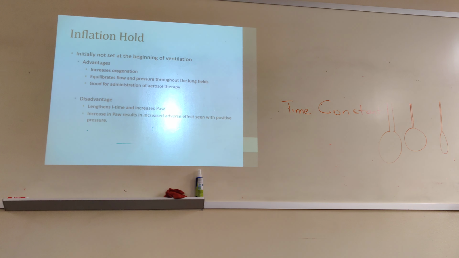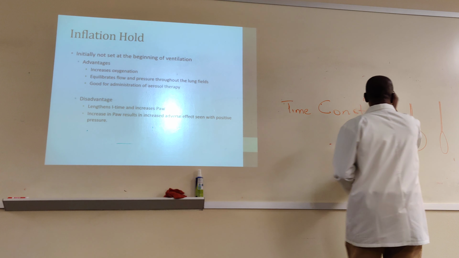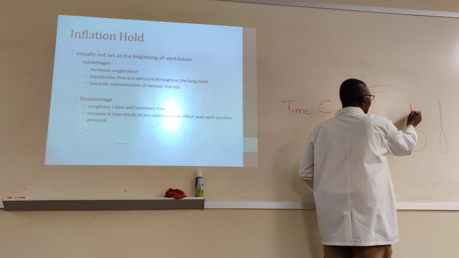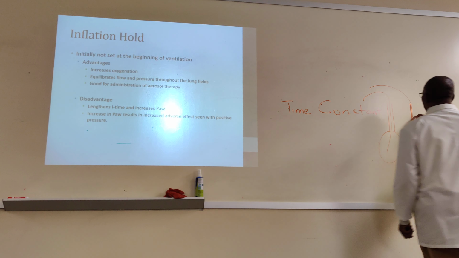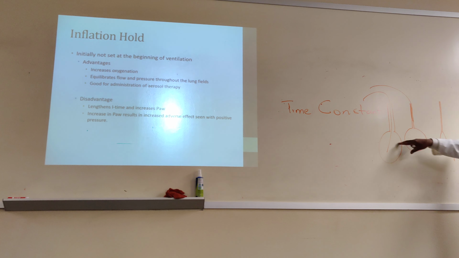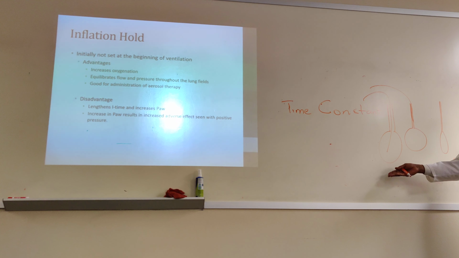So if you have gas going into this one and gas going into this one here, it will take longer for the gas to go through this one that has high resistance before it comes down here. By the time this lung unit fills up like that, this good one here has already filled up and now begins to exhale out.